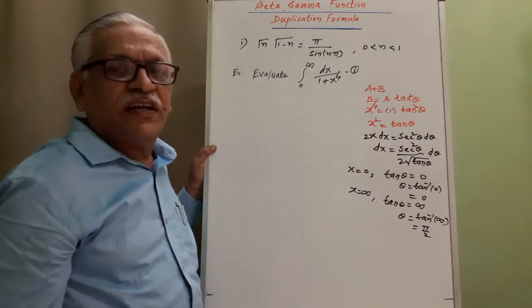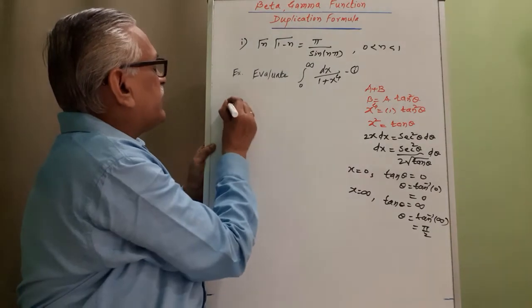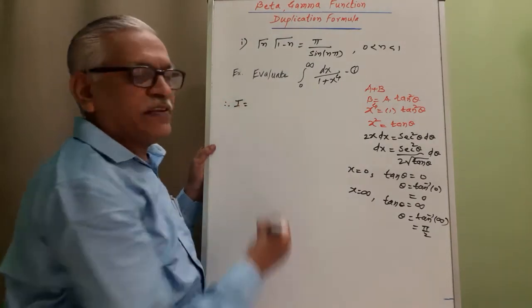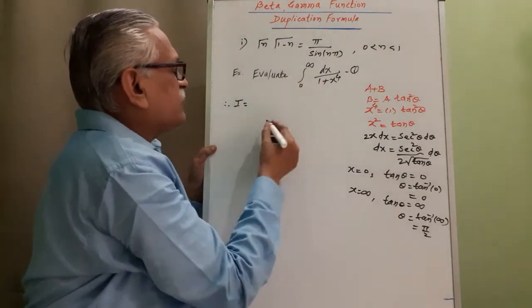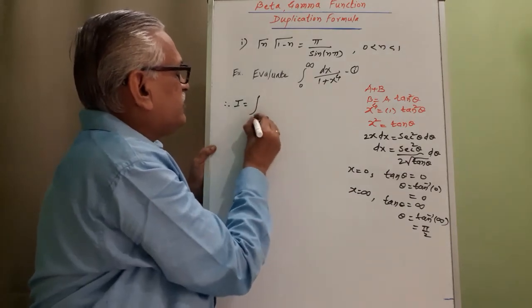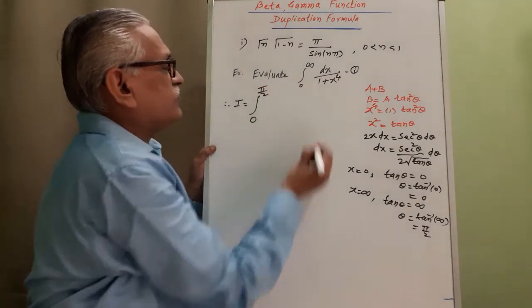Substituting all this information in equation 1, we call that value I, suppose. The limits 0 to infinity become the new limits 0 to pi by 2.